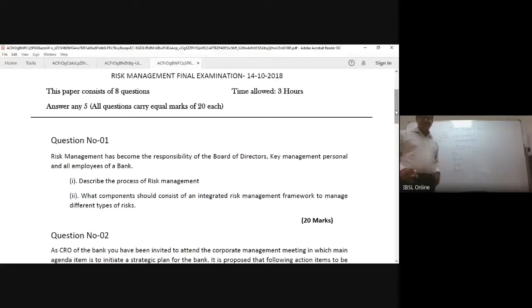We emphasized that with the invention of online banking, phone banking, ATMs, and different delivery channels, the risk under operational risk has also been enhanced in financial institutions, so it is a major one. We also talked about another risk called compliance risk.